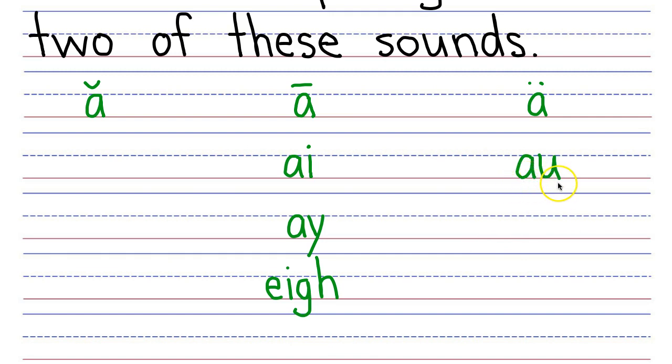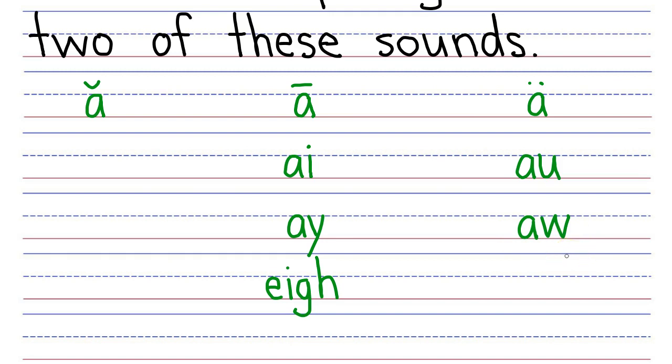This is 2-letter broad A that may not be used at the end of English words because English words don't end in U. And then we have AW, which says ah. And this is 2-letter broad A that may be used at the end of English words.